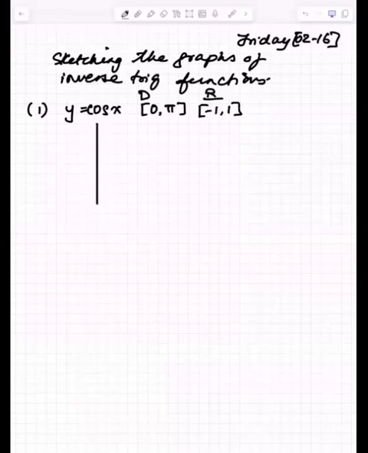So let's sketch this. So let's do 0 to pi. Okay, it's 1. And that's the graph, right? Cosine.